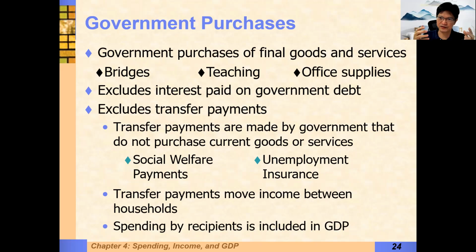What do I mean by transfer payments, payments to households? That would be if the government is giving money to poor people, welfare payments, or in some countries, when you lose your job and you're unemployed, you get unemployment payments. These are transfer payments. They don't count as government spending.